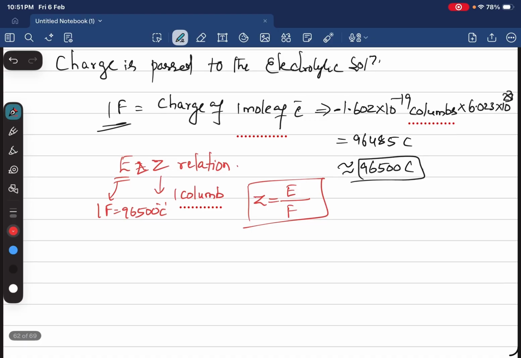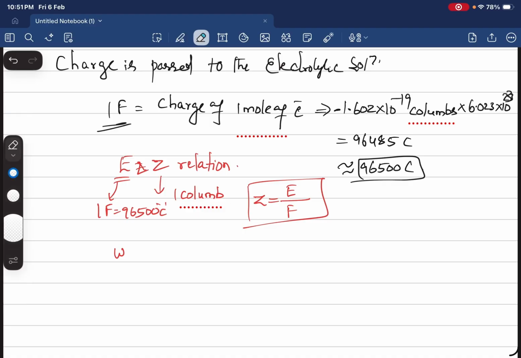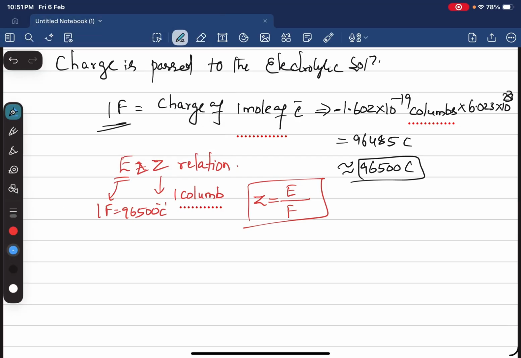Now you can substitute: M equals ZIT, so M equals E by F into IT. This is the important formula.